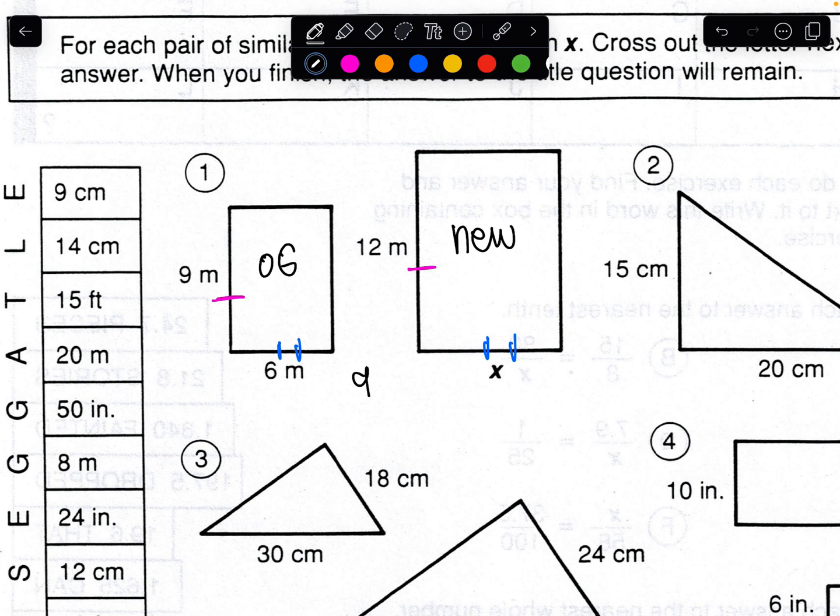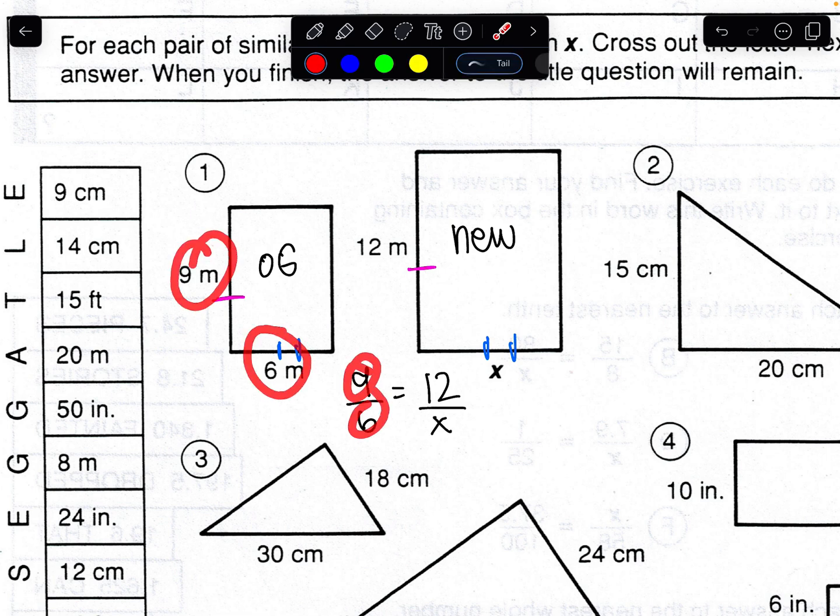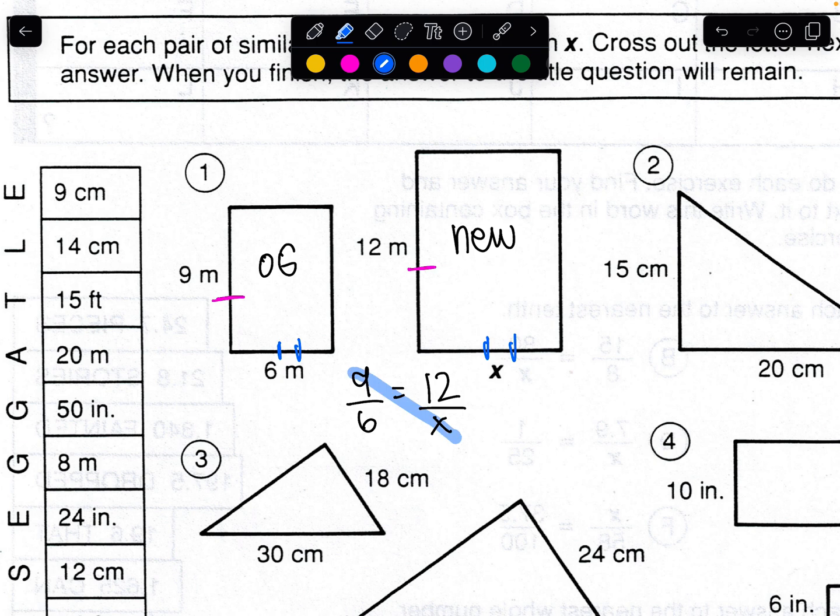So for this one, I would set it up as 9/6, comparing these two sides. And then 9 and 12 are the same, which means I need to be putting 12 on the top of the other fraction and x on the bottom. And it kind of makes sense, right? 9 over 6, 12 over x. And then I'll just do my methods of cross multiplying.